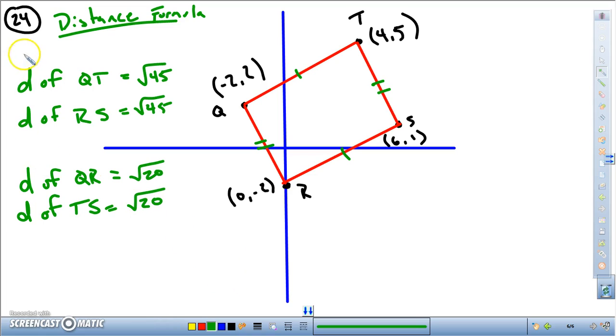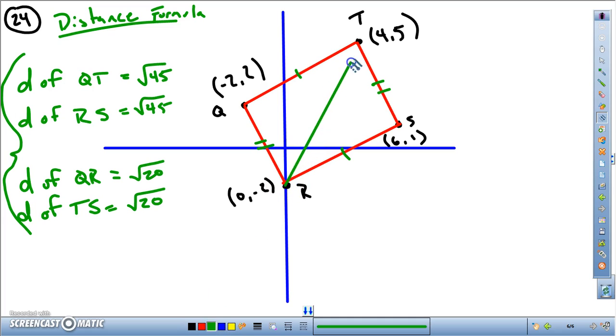So this information is what allows me to say that this quadrilateral is a parallelogram. Now that I know it's a parallelogram, I'm going to compare the diagonals. So a parallelogram that has congruent diagonals is more specifically a rectangle.